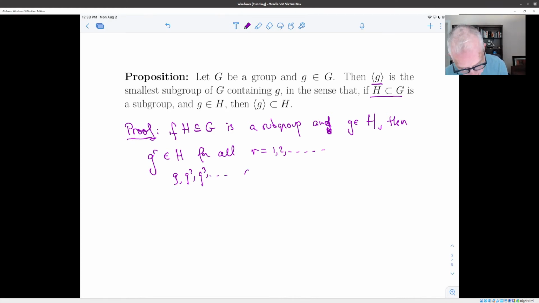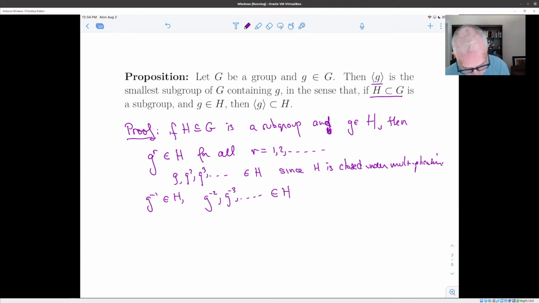And these all have to be in H because H is closed under multiplication. And similarly, g inverse has to be in H because it's a subgroup. So g to the minus 2, g to the minus 3, all the powers of g inverse all have to be in H. And the identity element has to be in H. And altogether, that tells us that angle brackets g has to be contained in H.